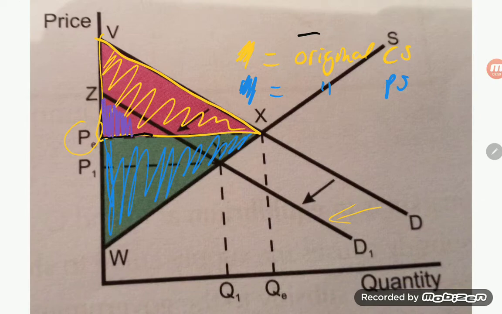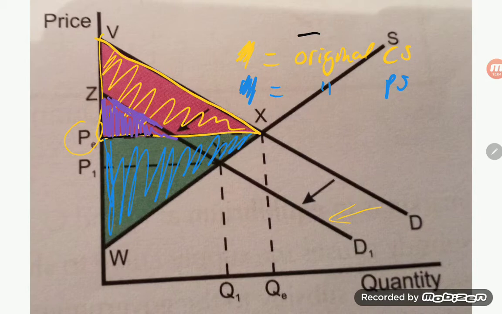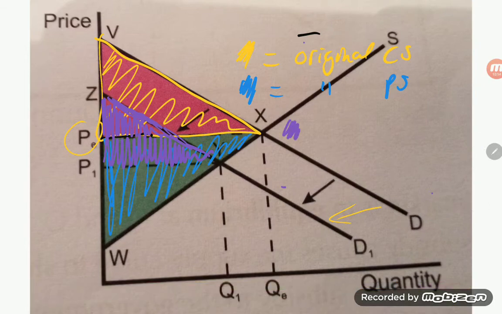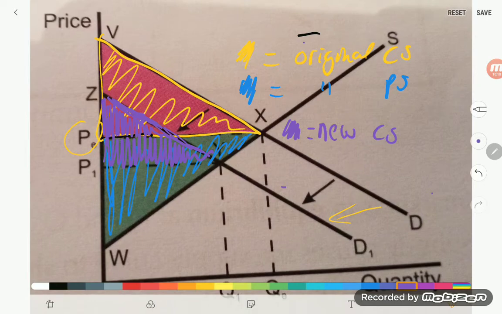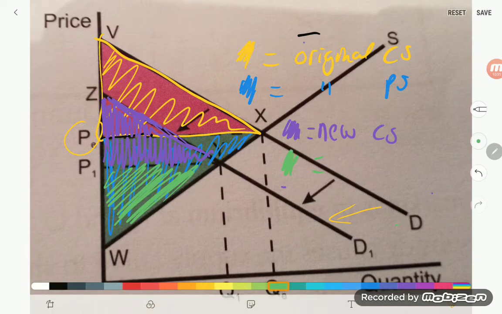It's now instead this purple triangle that goes down as far as here. So that would be the new consumer surplus. It's much smaller than the original yellow triangle, whilst the previous blue producer surplus is now much smaller, and that will be the new producer surplus.